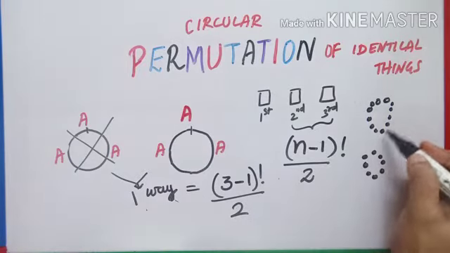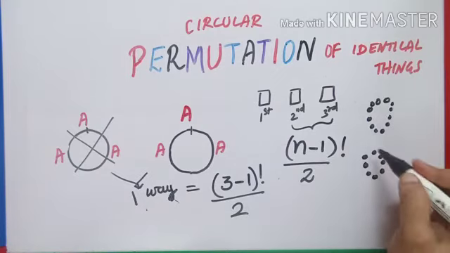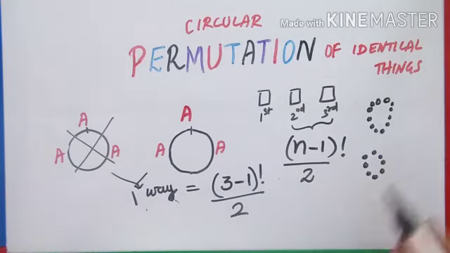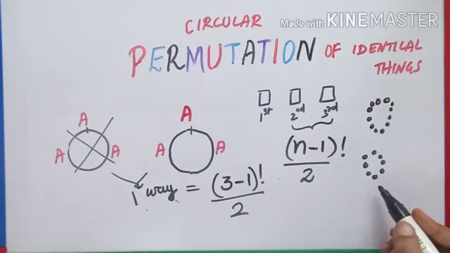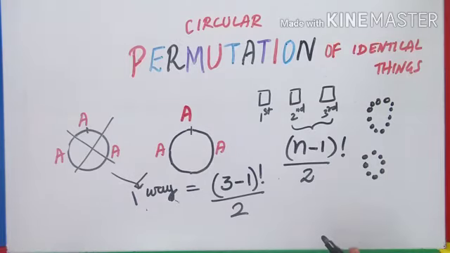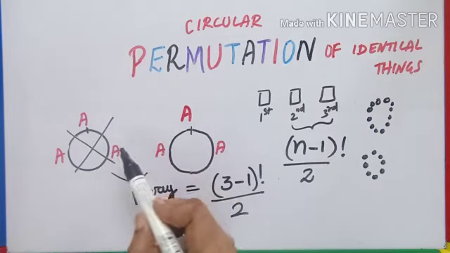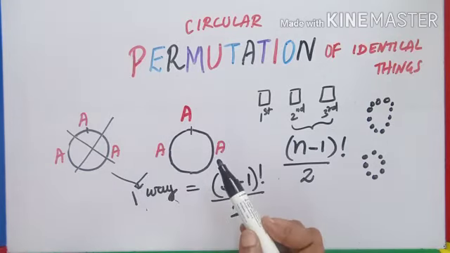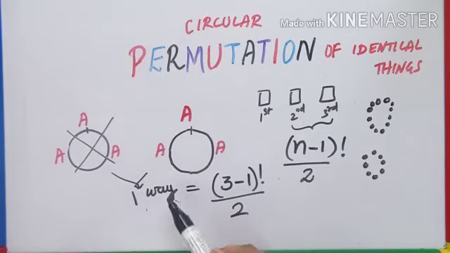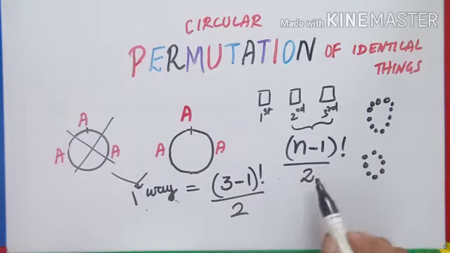So when identical things are strung in a circular pattern, a garland or a beaded chain or even a flower arrangement, so whenever it is in a circle, these are the examples in which to remember the formula n minus 1 factorial by 2.